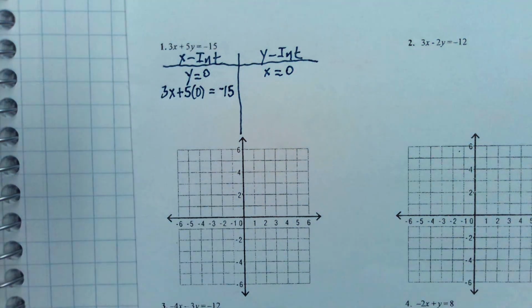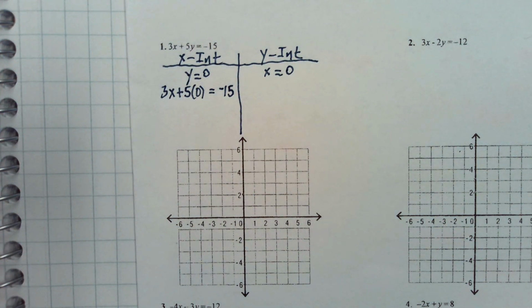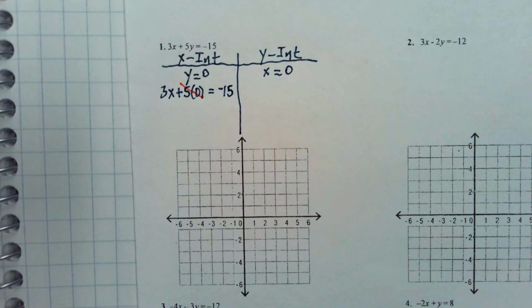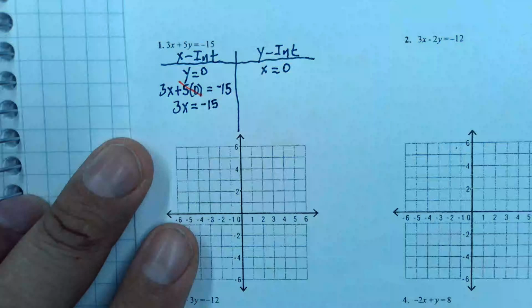Okay? So that's my first part of the equation. And we love zeros because 5 times 0 is just 0. It goes away. So my new equation is 3x equals negative 15. Okay?